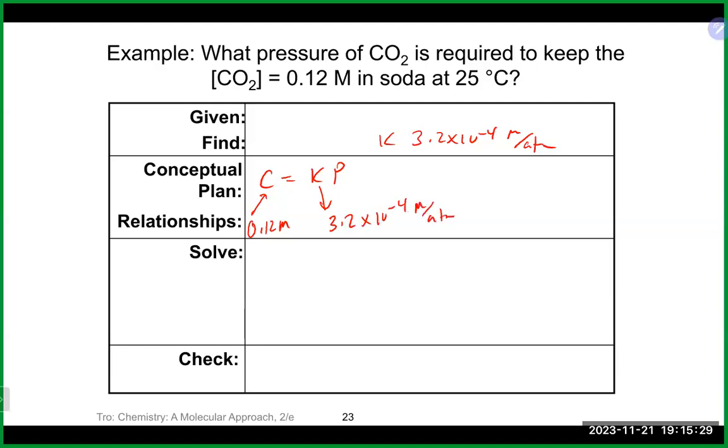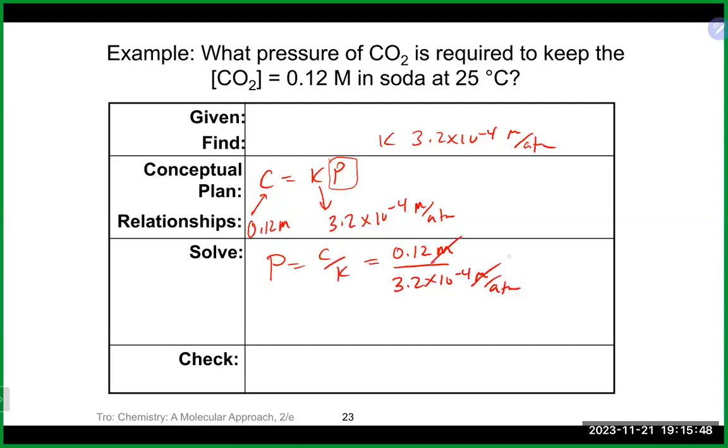That means we could rearrange here and solve for the pressure to figure out what pressure we would need to keep it there. So the pressure in this case would be C divided by K, and that would mean 0.12 molar divided by our 3.2 times 10 to the minus 4 molar over atmospheres.